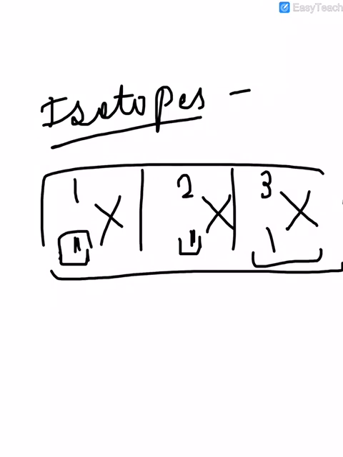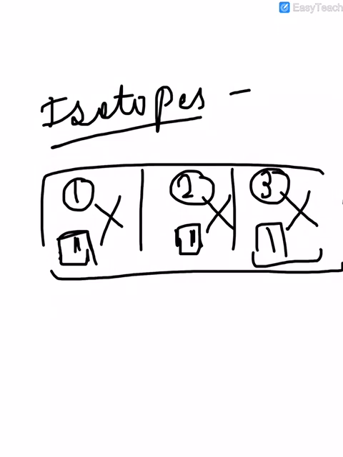Here the mass number is different, right, and the atomic number is the same, so the elements having the same atomic number but different mass number are known as isotopes.